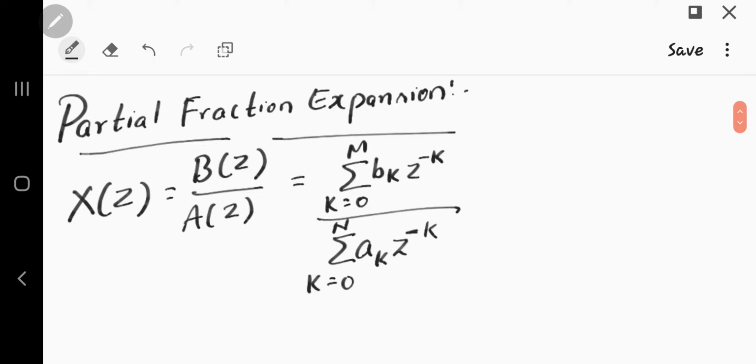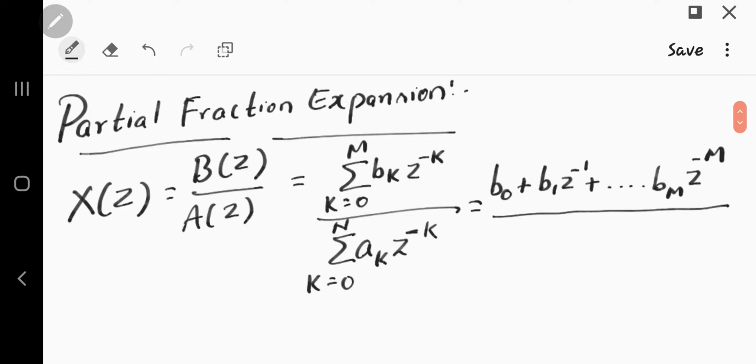We'll get this in the fraction form, where the numerator will be of this form, and the denominator will be of this form.